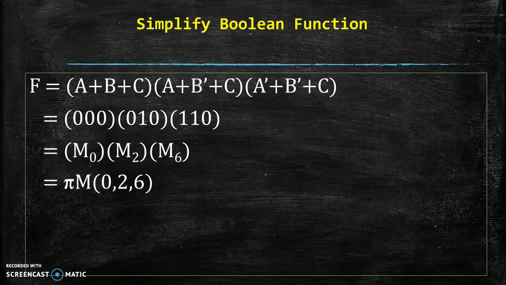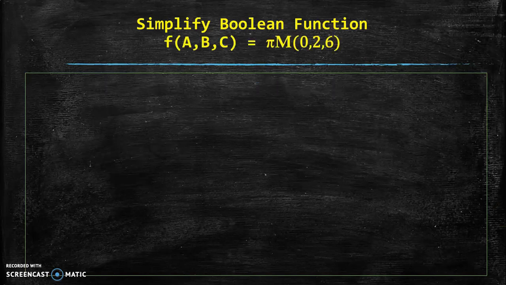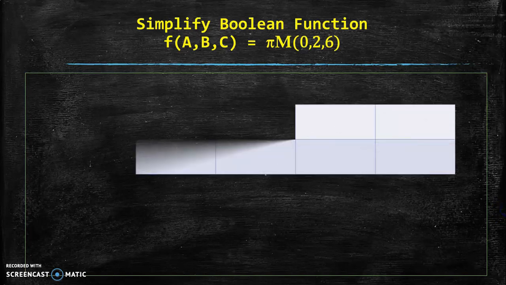So after preparing these max terms, we can go for simplification with the K-map. As per the given POS Boolean expression, the max terms are ready. So for three variables, again we have to prepare the K-map as usual with 8 cells.